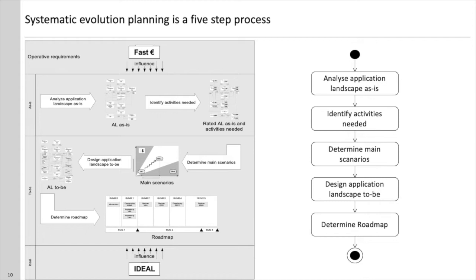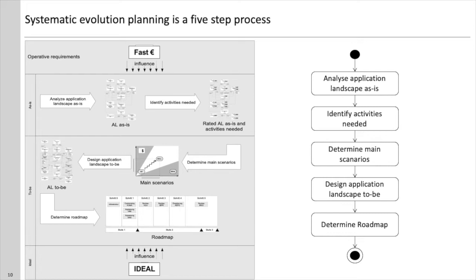In a way, this is a little abstract. You see it on the picture here. Analyze the application landscape as is leads us to a model of the as is situation. Identify the activities needed leads us to a set of activities referencing local changes to the as is architecture.